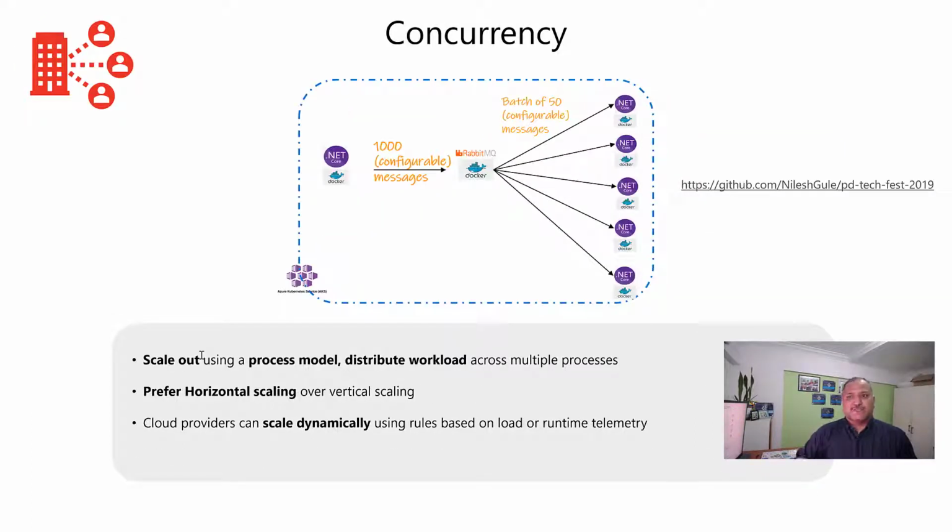The next factor which we talk about is concurrency. And for concurrency, I will take the same example that I took last time with regards to the stateless processes. This is an example which I use in various of my demos. It's related to RabbitMQ producer and consumer, and this is deployed on Azure Kubernetes Service or AKS cluster.